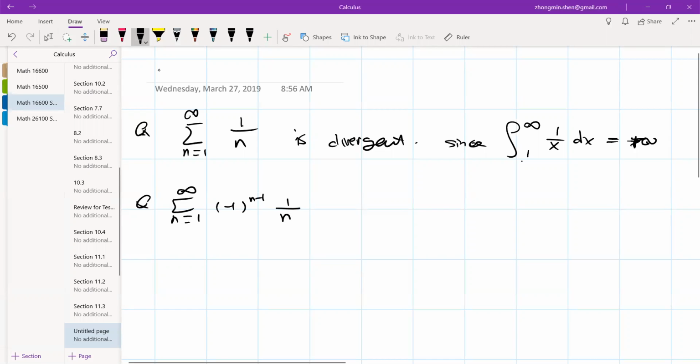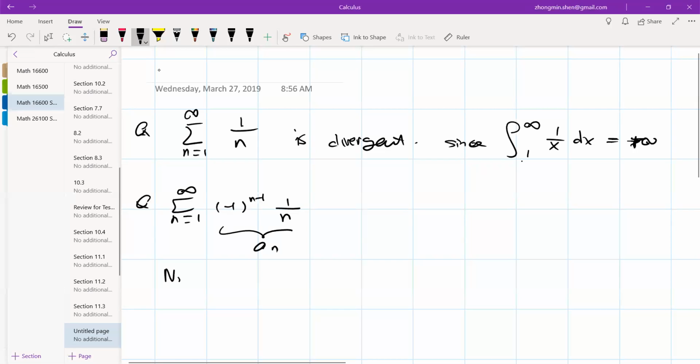Okay, then I have no idea, I have to be very careful to study that, right? Is it divergent or convergent? I know the nth term converges to 0, but that's not guaranteed.